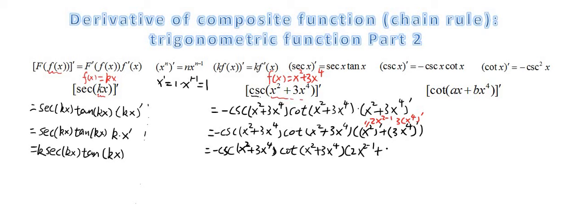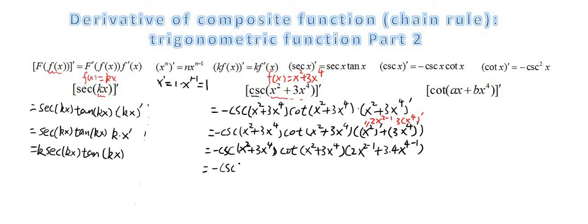For the second term, by the power rule, 4 times x to the power 4 minus 1. Okay, and now we can simplify it.